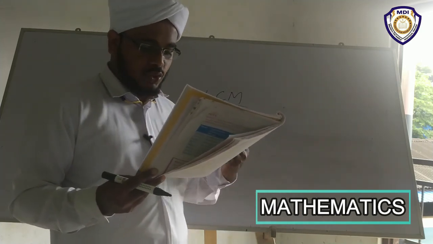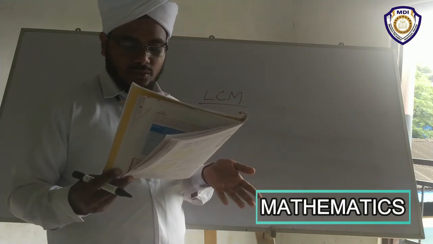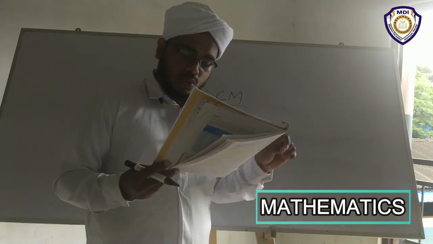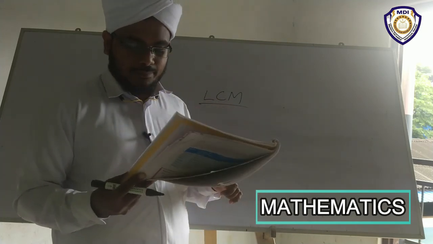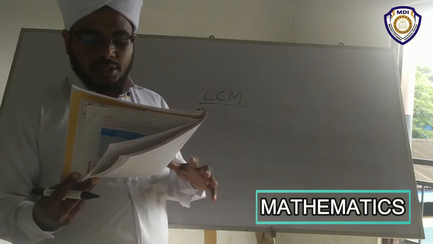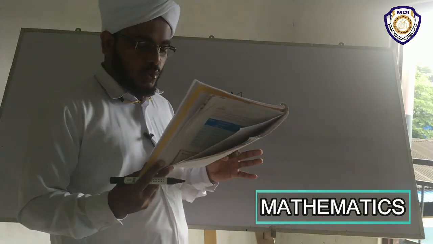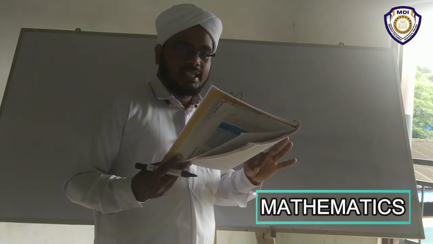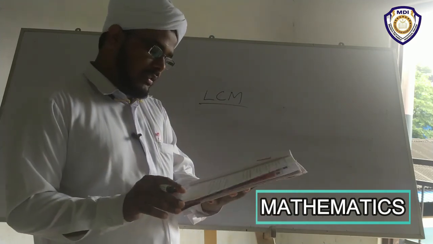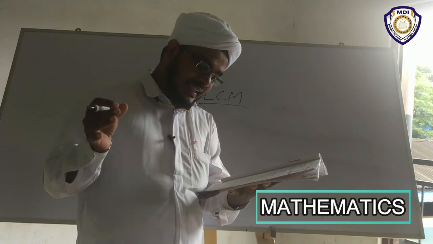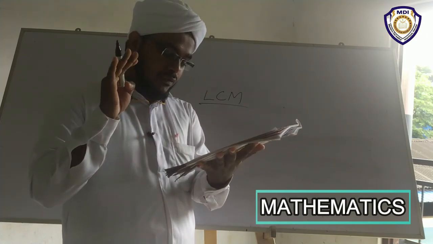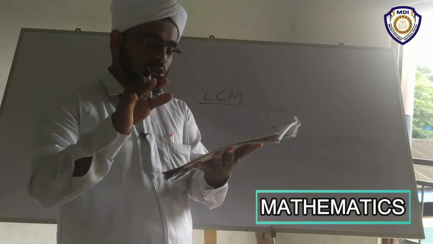first you have to find out the factors by division method. 12, 16, 20. Factors of 12: 2 into 2 into 3. 16: 2 into 2 into 2 into 2. Okay, page number 113. Next 20: the prime factors are 2 into 2 into 5. After that you have to select 2: in 16 there are 4 times, so we will take four 2s.